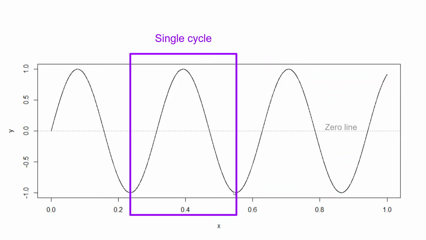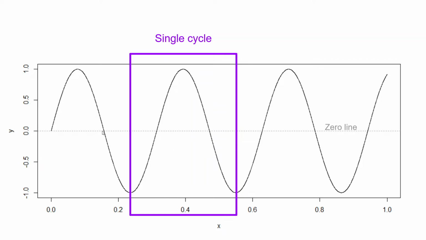All right, now we can take the time between two comparable minima, and we notice that this stretch of the wave is repeated over and over again. So we take one repetition from a minimum to the next corresponding minimum. We have a single cycle.